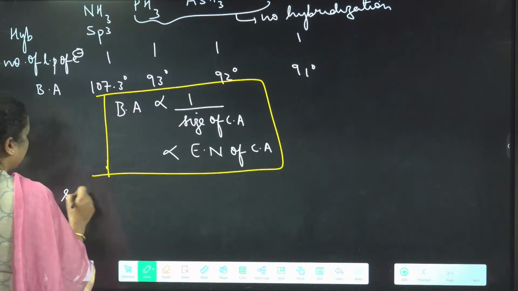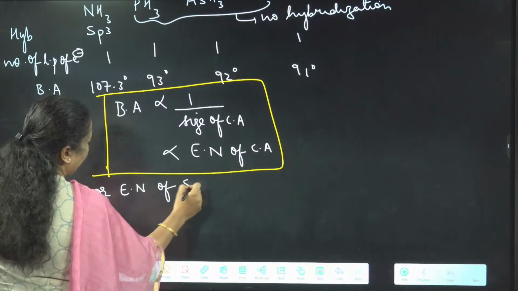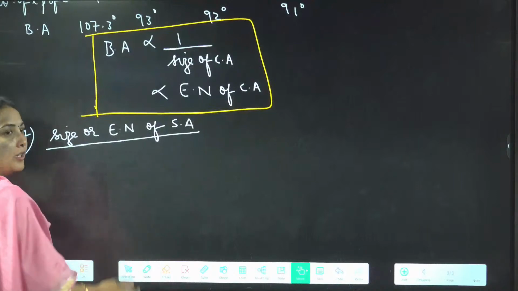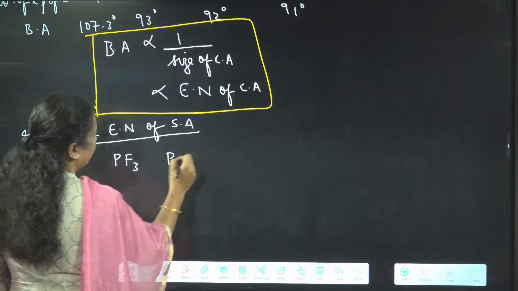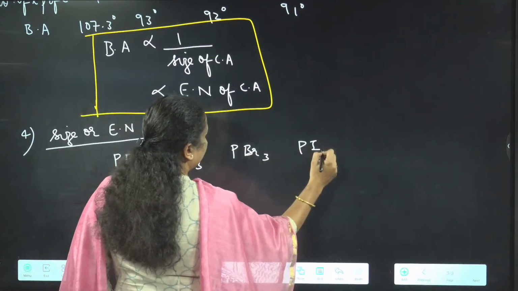Then the fourth one is size or electronegativity of the surrounding atom. So in this case, let us say I am having PF3, PCl3, PBr3 and PI3.